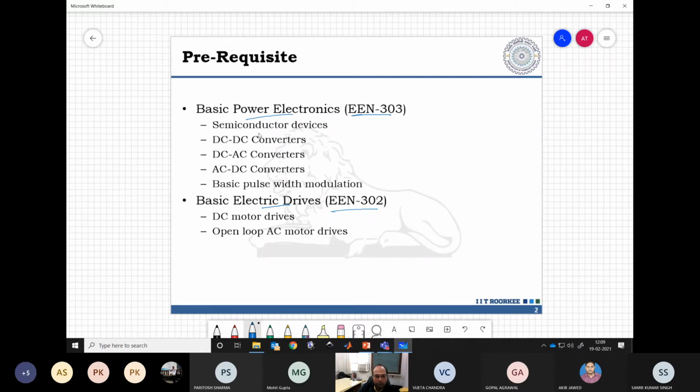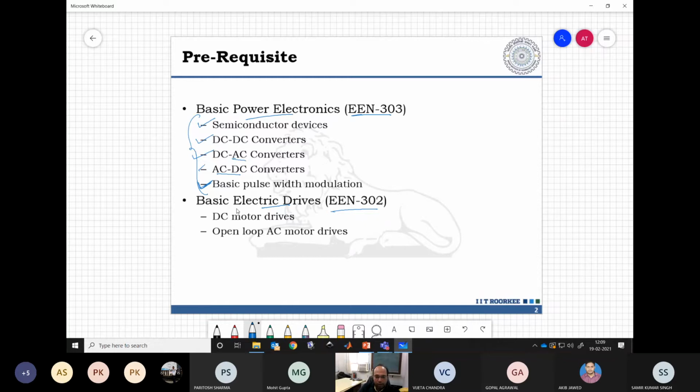The basic power electronics course includes the understanding of semiconductor devices, some basic understanding of DC-DC converters, DC to AC converters, AC to DC converters, and some understanding of basic pulse width modulation techniques. I will also be covering these things as part of review and then some of the things in a more elaborate manner, as and when required in the course.